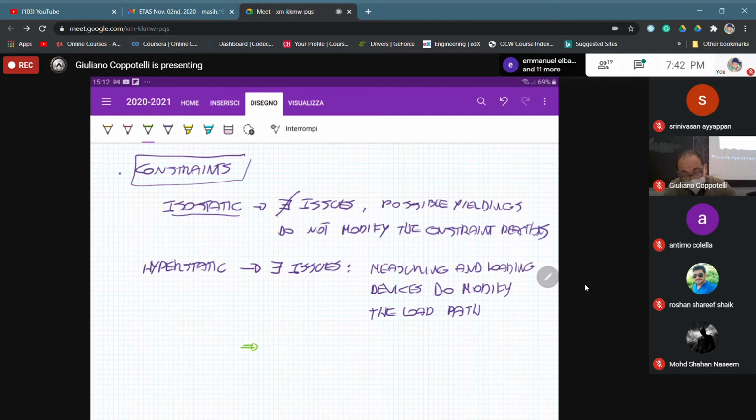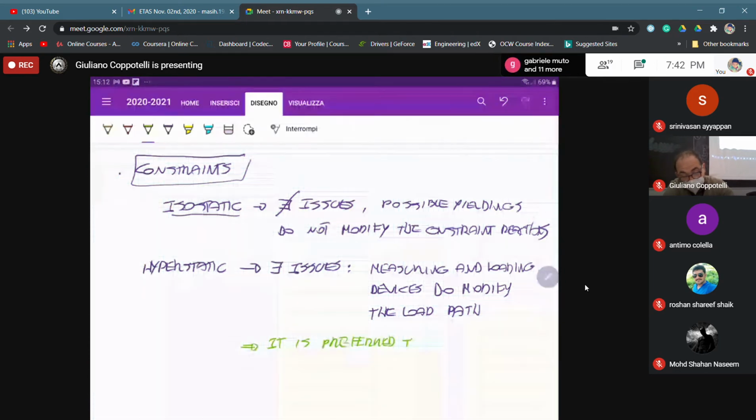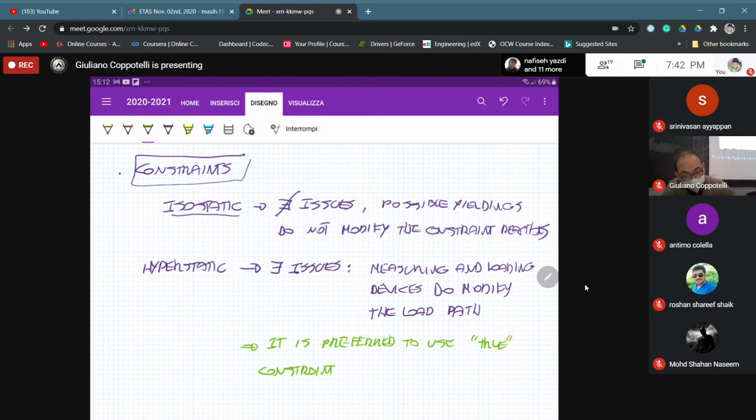It is preferred to use the true constraint, that is, one that actually mimics the actual operative condition.